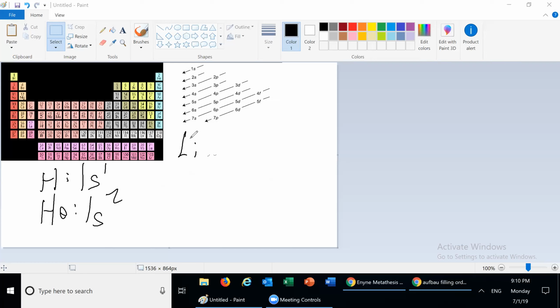So we can do 1s2, but now the 1s orbital is filled. So it's the 2s orbital, and there's only 1 electron in that orbital. Yeah, 1. So now we have to move on to the 2s orbital.